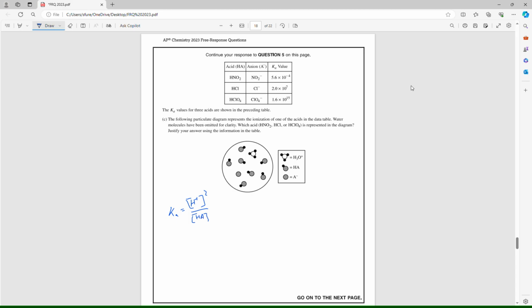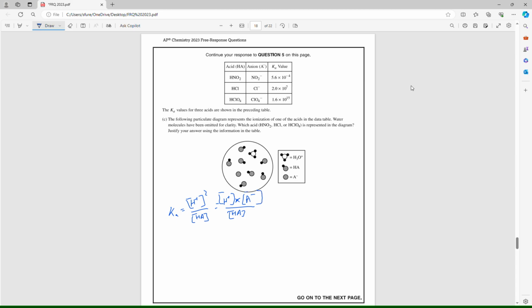Or you could say it's [H+] times [A-] over [HA]. And these should be in brackets as well. This is a multiplication symbol. Either one works just fine.